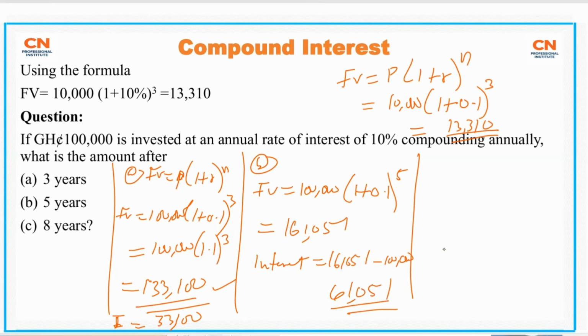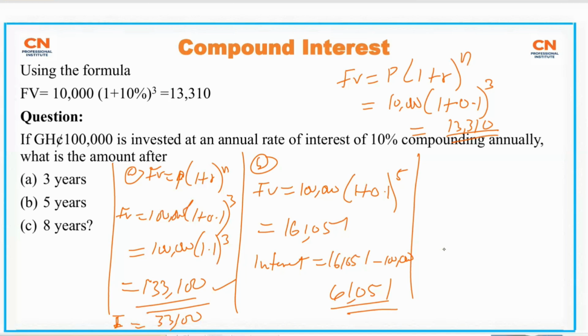I'm trying to punch along, but just get the understanding. If I just use the formula to get the amount after the 5 years, it's the initial amount, the principal, 100,000, into bracket 1 plus the 10% raised to power 5, and I'm getting 161,051. The difference between the 161,051 and the initial amount, the 100,000, is the interest.